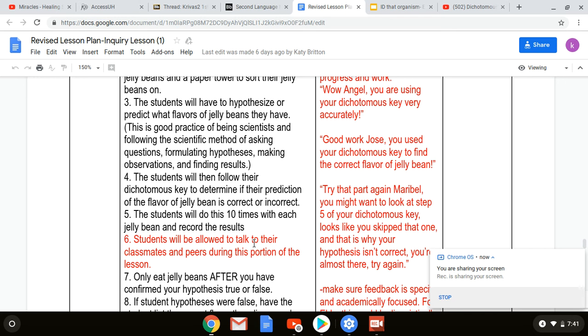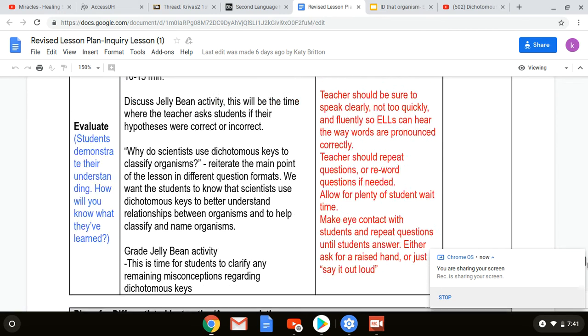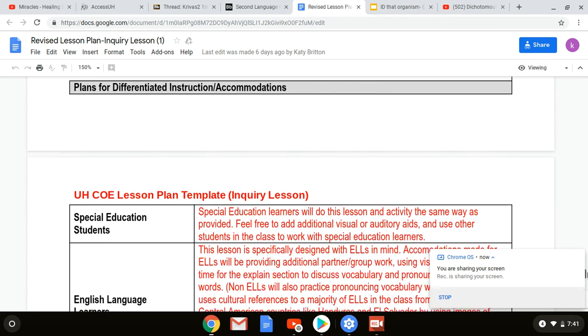Just keep in mind, again, to make sure they understand the directions of the activity and the assignments they have to do, by translating the directions for them, or just taking them aside and making sure they understand the activity, because we don't want them to fall behind because they don't understand what they're doing. They might do it wrong.